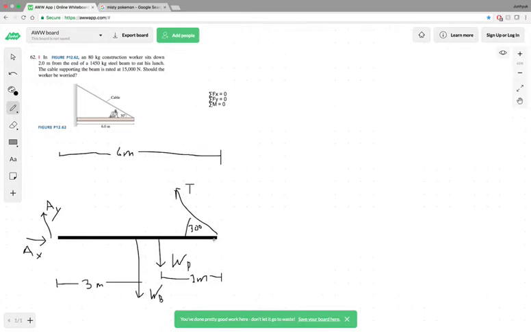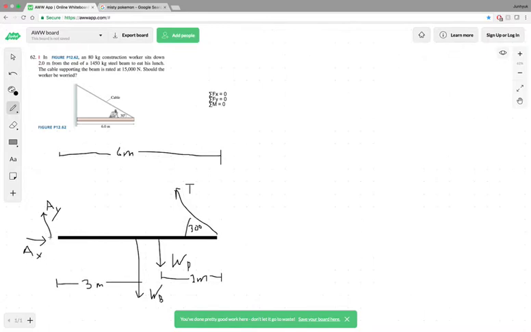Now, if you pick it here, we have to worry about the moment due to this W P, this W B, and maybe two more forces. And similarly, if you pick it where the person is standing, the location of W P, then we have this tension force to worry about, and these other forces as well.